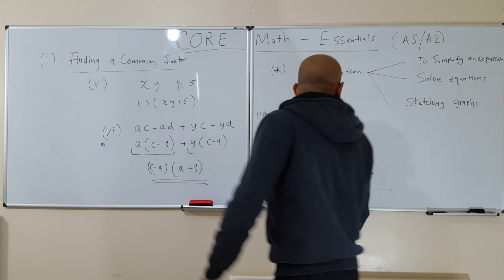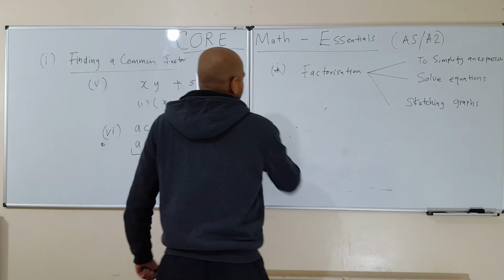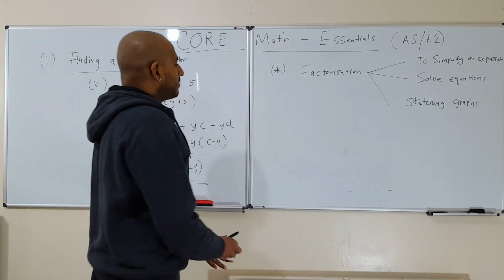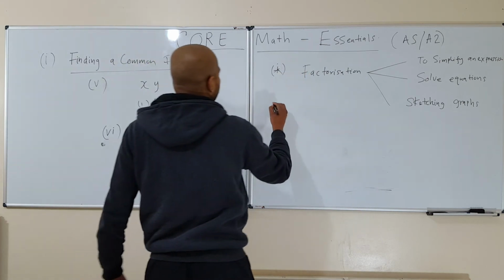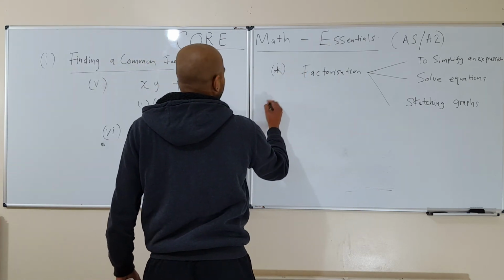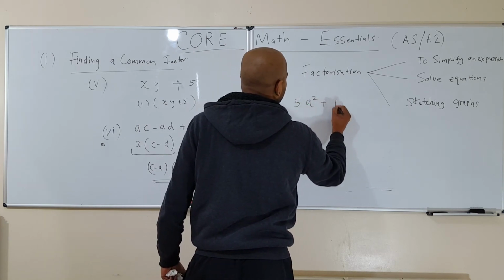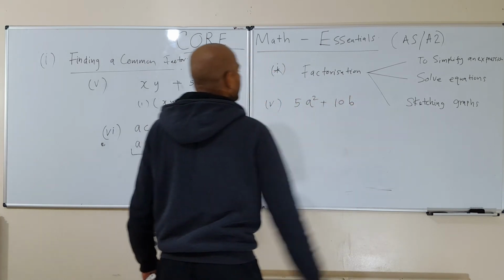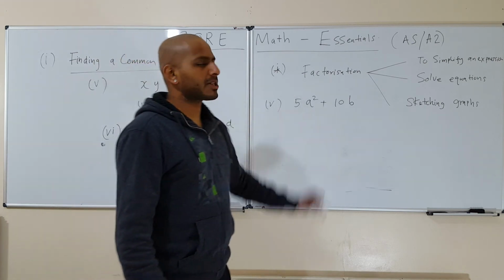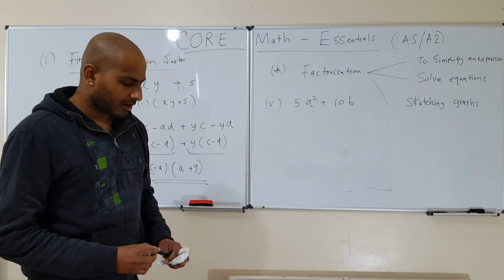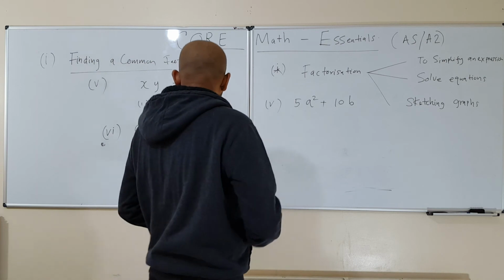Right, so let's see a few more, one or two. Let's say we got 5a squared plus 10b.